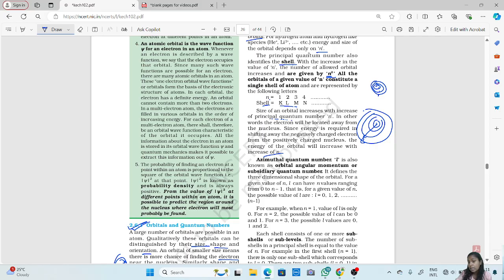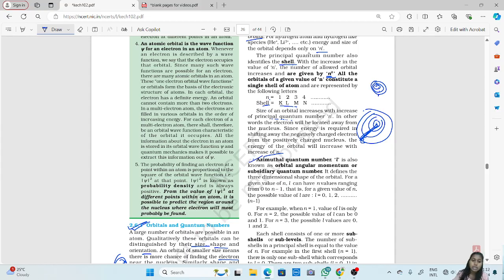From here, we have to shift these electrons here. This shifting requires energy, yes or no? So the energy of the orbital will increase with increasing n, that is the principal quantum number.